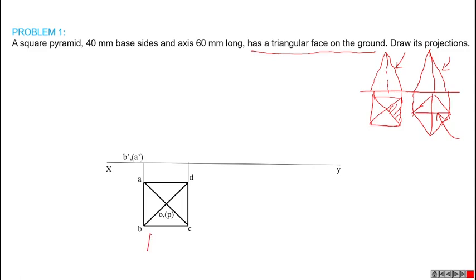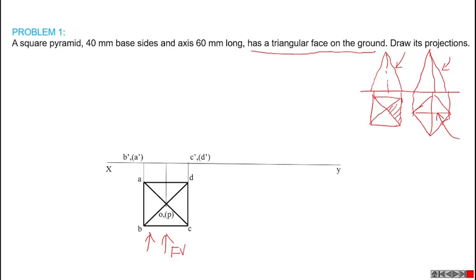That means this is the front view. In front view, we can see point B, but we can't see point A, so a dash must be in bracket. Similarly, at this point, we can represent c dash in bracket d dash.